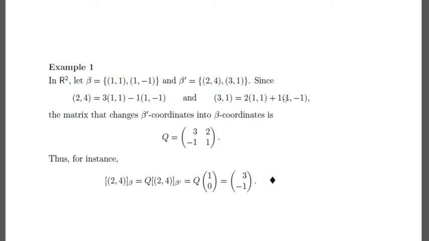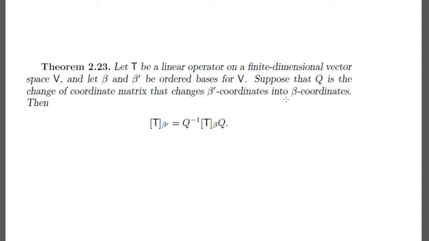So Q into (1,0) is equal to 3 into (1,1) minus 1 into (1,-1). Now the next theorem: if T is a linear operator on a finite dimensional vector space V, so T is from V to V, and beta and beta dash are two ordered bases for V, and Q is the change of coordinate matrix that changes beta dash coordinates into beta coordinates, then the matrix corresponding to linear operator T with respect to beta dash, T beta dash, is equal to Q inverse T beta into Q.